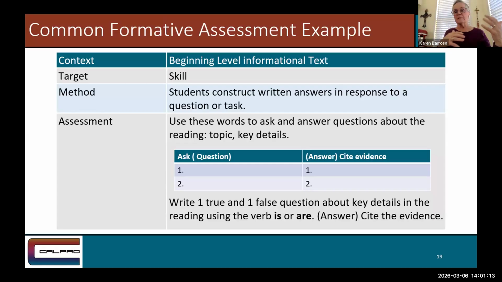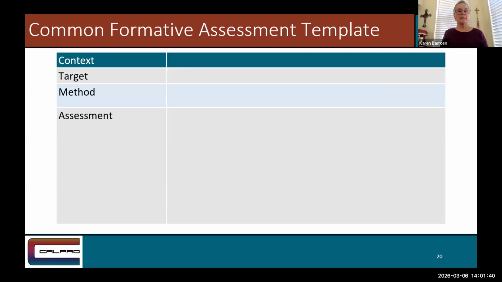So this is a common formative assessment that you can refer back to. It was a skill, we were constructing a written answer, and now we actually have these answers, and then the rubric, which Catherine will help you with, can show how well students attained this particular assessment.